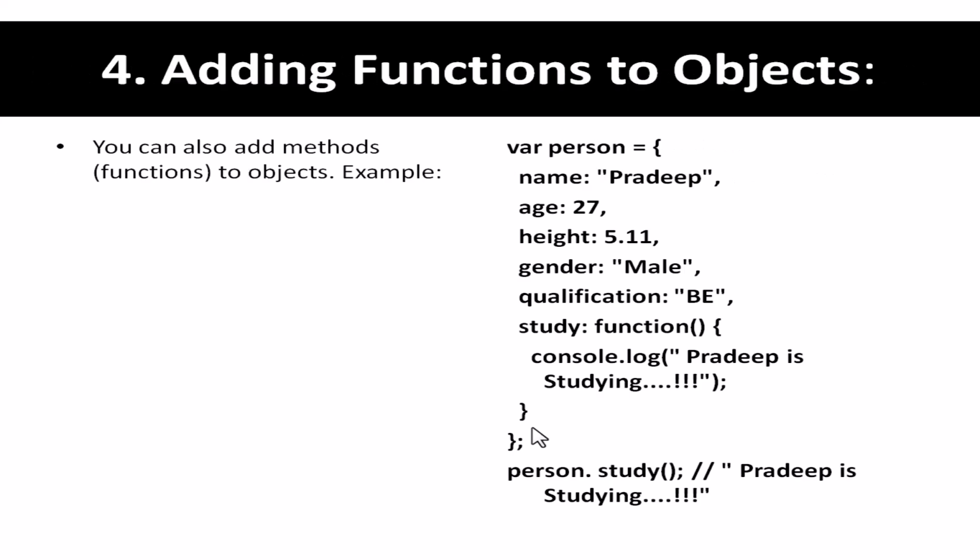Next, adding functions to objects. Basically, if you want to add any function to an object, up to here it is a common thing. We have given a name, age, height, gender, qualification. Now I am using a function. Here study is the name of the function, followed by a colon and the function keyword, to identify it as a function.